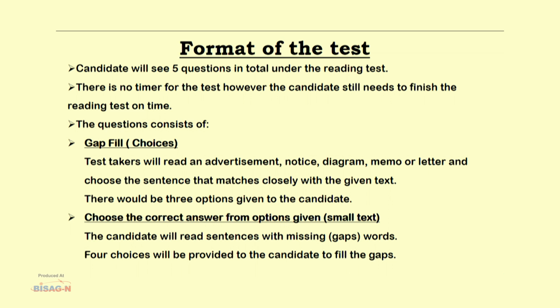Again, the candidate has to see whether he is able to understand the text, interpret it, and find the answer from the multiple choices. So the candidate reads the text, understands the text, interprets the text, and then fills in the answer.